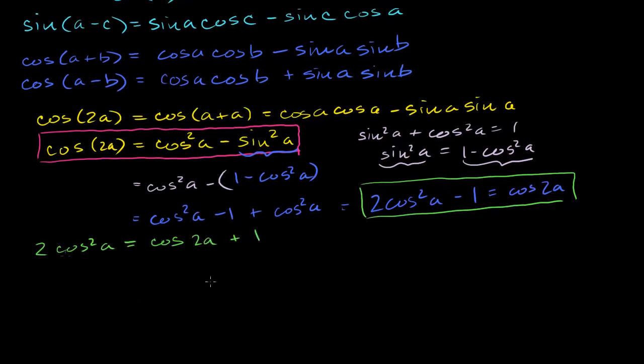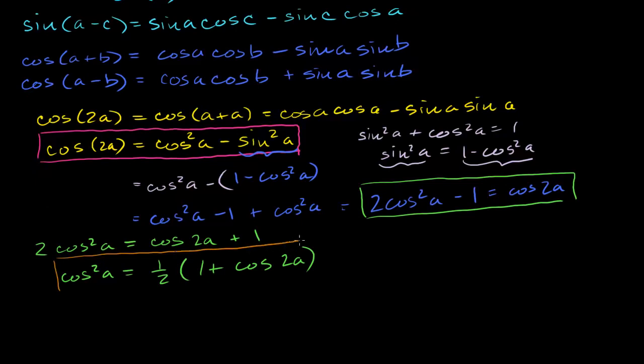And if we divide both sides of this by 2, we get the cosine squared of a is equal to 1/2 times 1 plus the cosine of 2a. And we're done. And we have another identity, cosine squared of a.